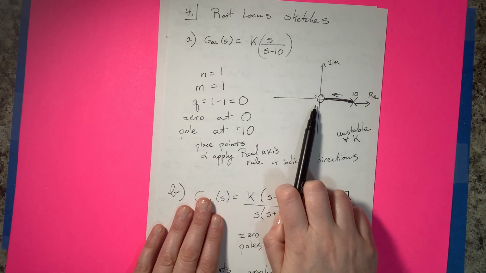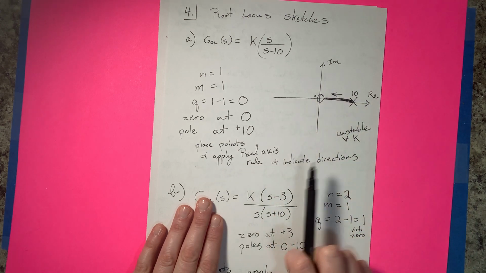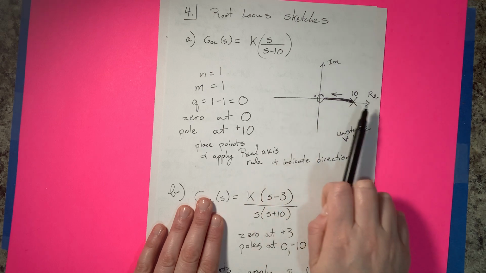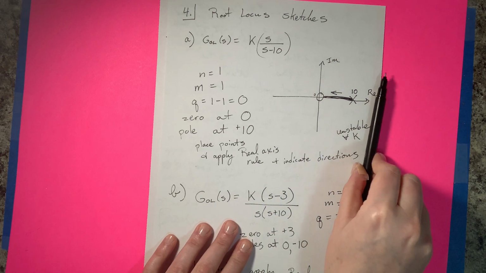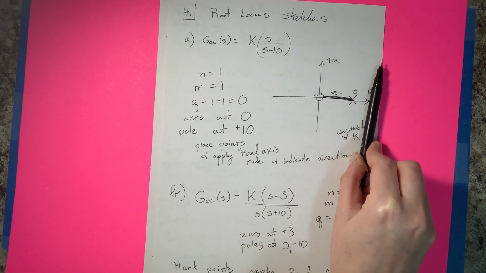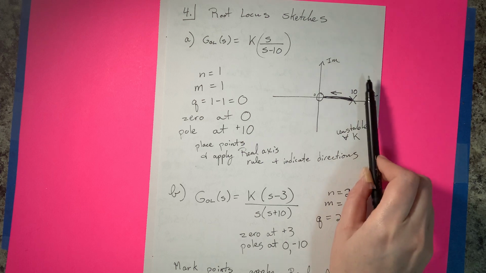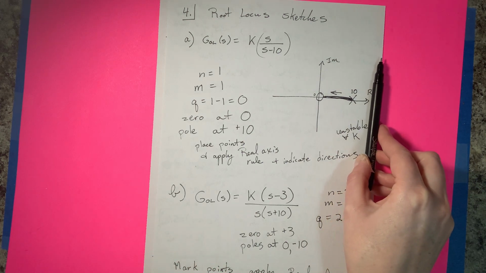Notice that you have 2 elements on the real axis. Anytime you have anything on the real axis, you want to apply the real axis rule. We move our pen across here, looking rightward, and we count the number of elements and look for an odd number.